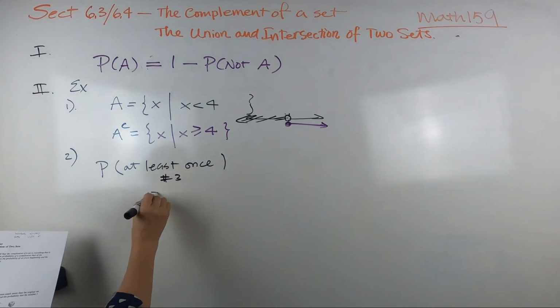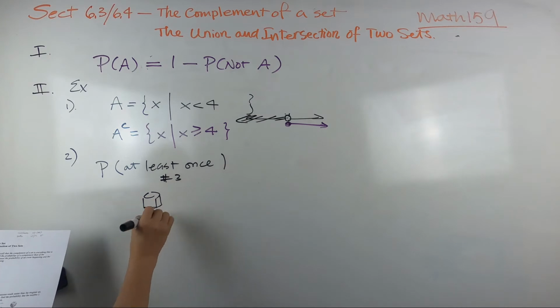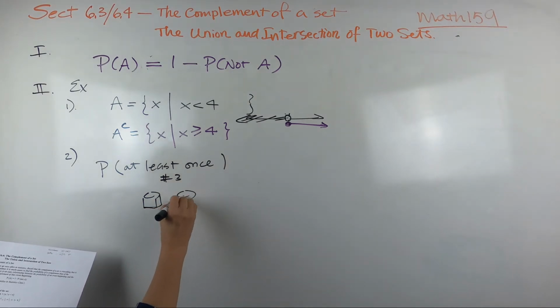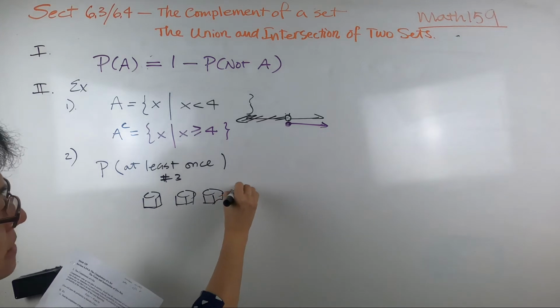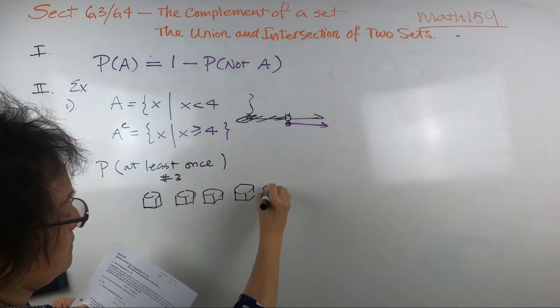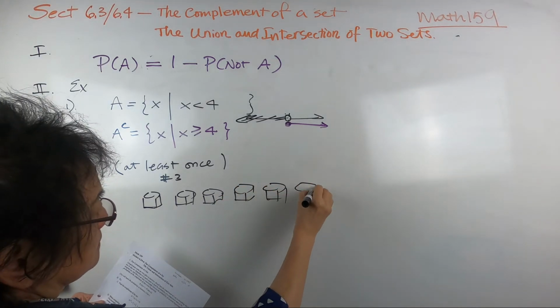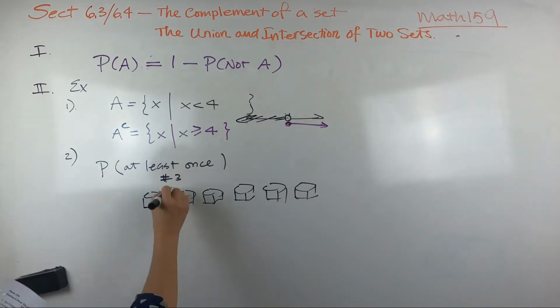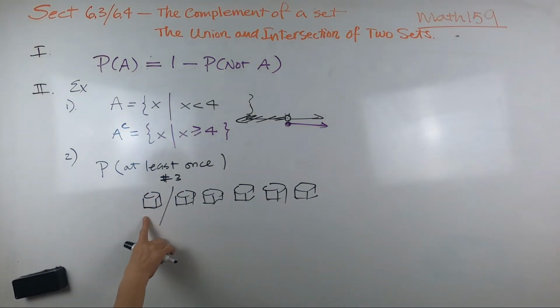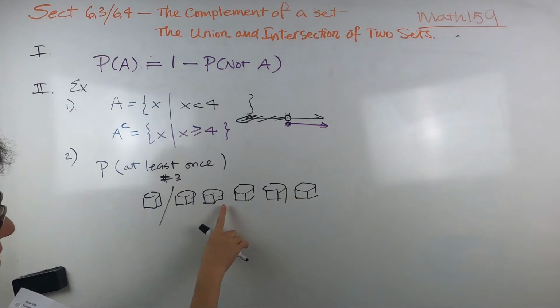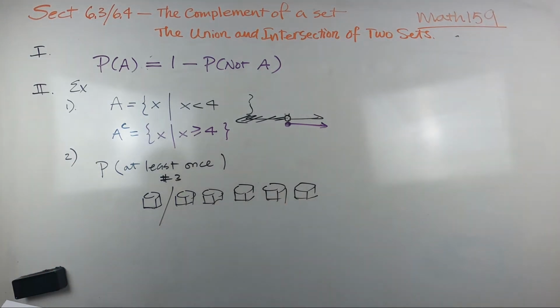Okay, so you rolled the die 6 times separately, right? So for the first time, it can be 3, it can be something else. So at least once, can be here, can be here, can be here, right? Then it's really complicated.